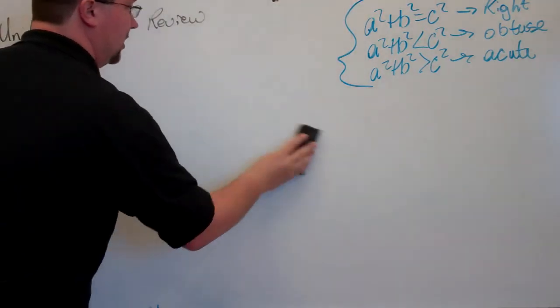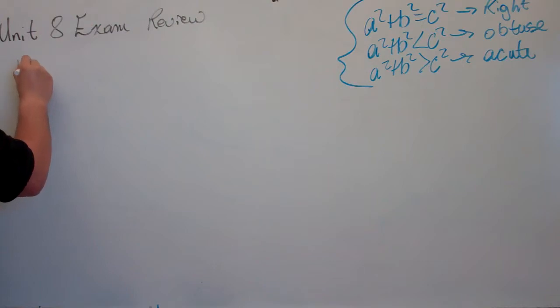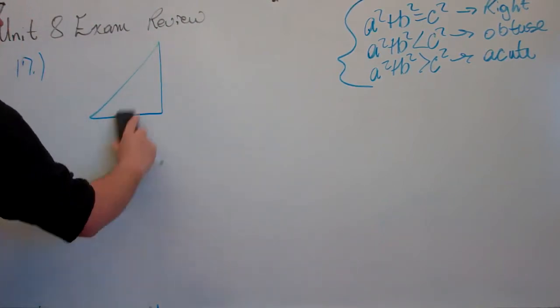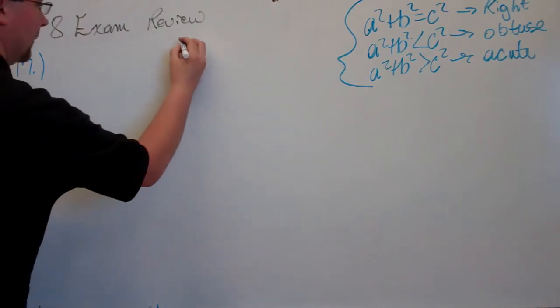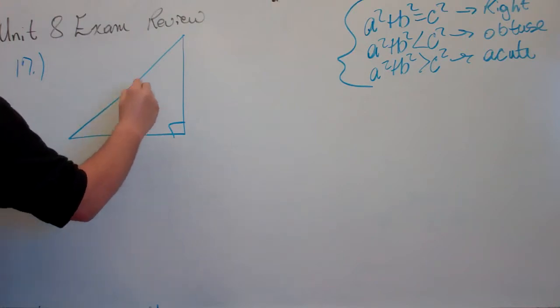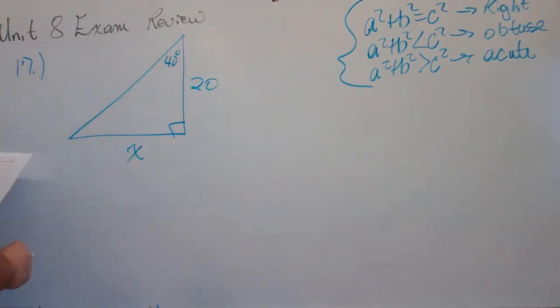Alright, number 17. We're almost done with the first page. I'm going to make that bigger so you can see it better. This angle up here is 40 degrees, this side is 20, and we need to find x.